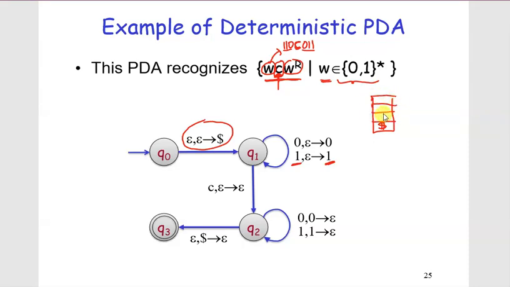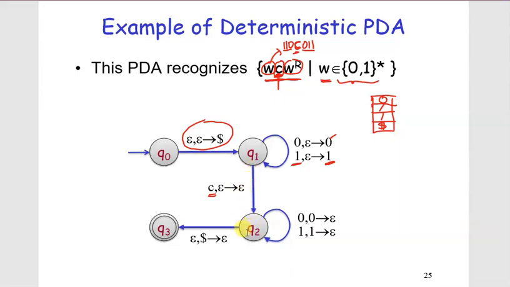We read 1, we push 1, we read another 1, we push 1, and then last we read 0 and we push 0. Then the next alphabet that we read is C, so we will go to Q2.